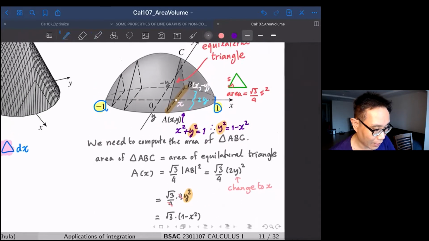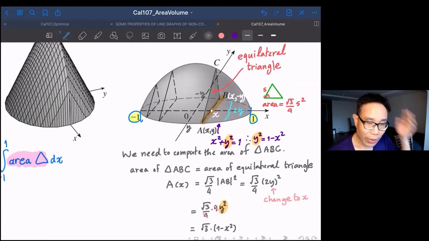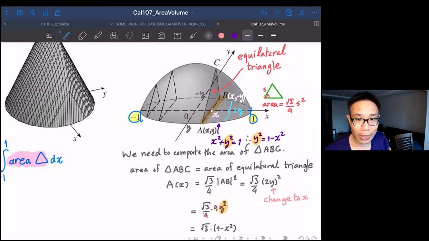With me so far? What I did was compute the area of the cross-section. To do that, you have to know the formula for the area of an equilateral triangle, because your cross-section, the triangle ABC given in the question, is an equilateral triangle.